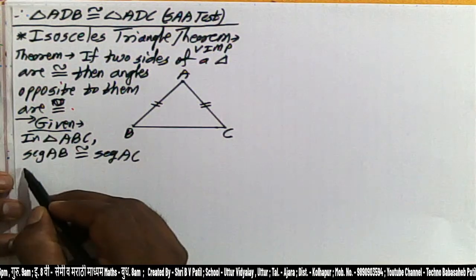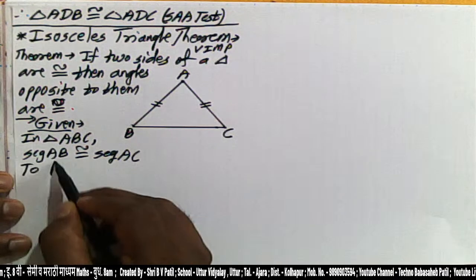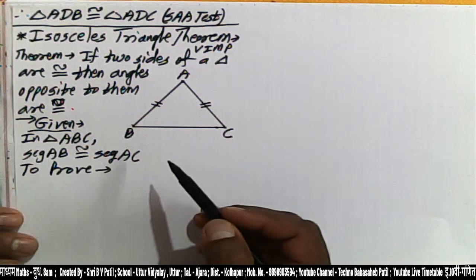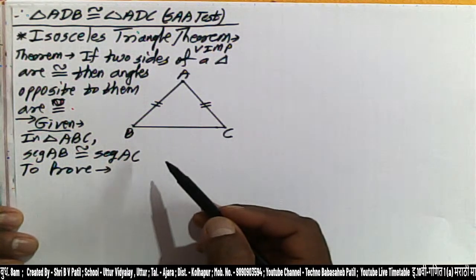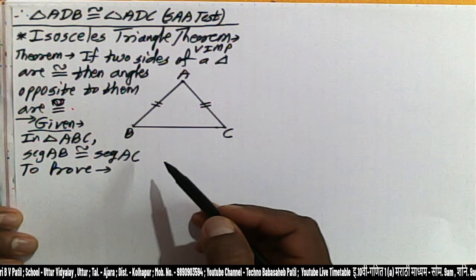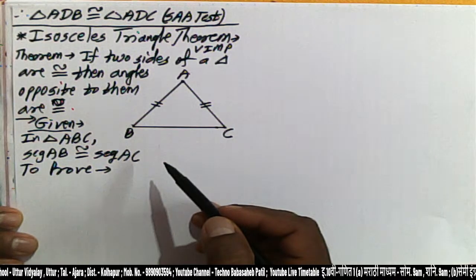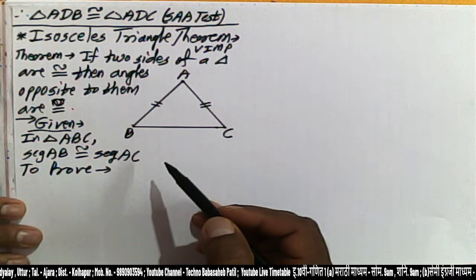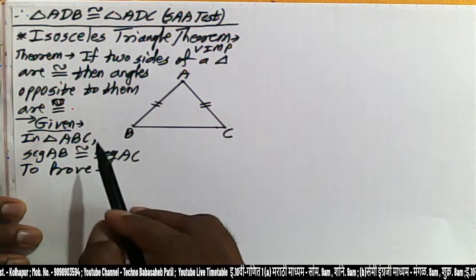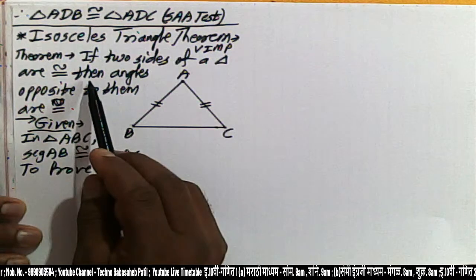Then the next part is to prove. Here in to prove we write the information after then.